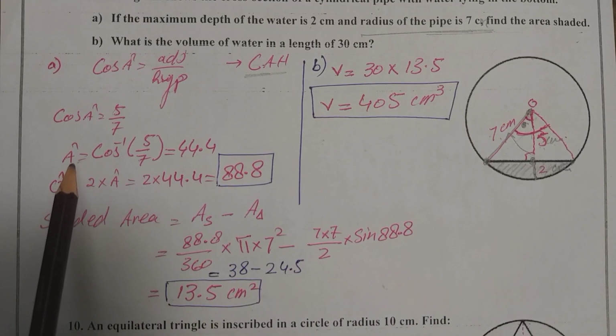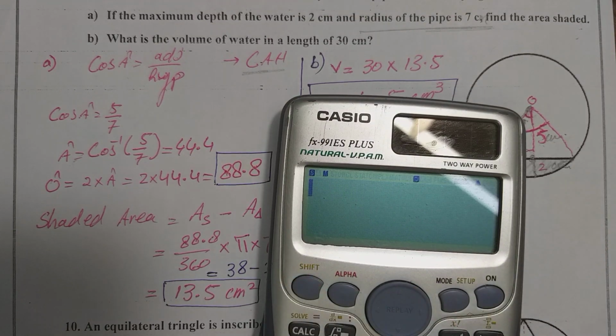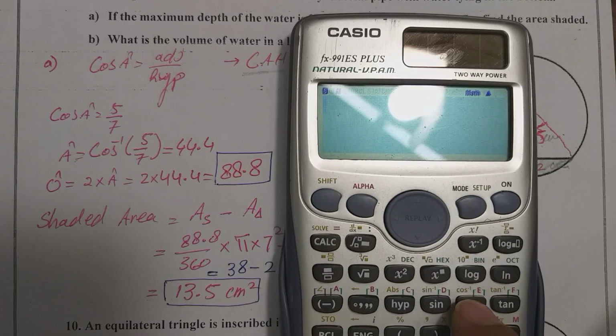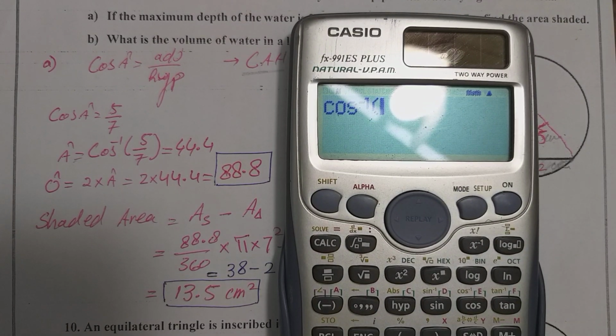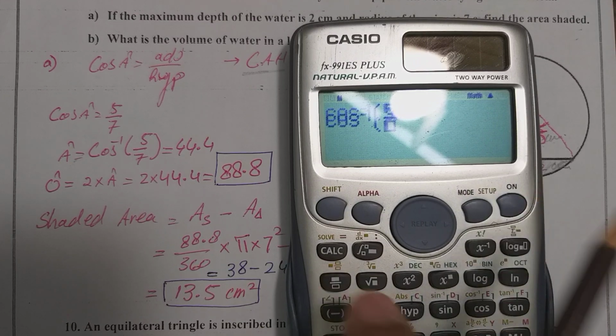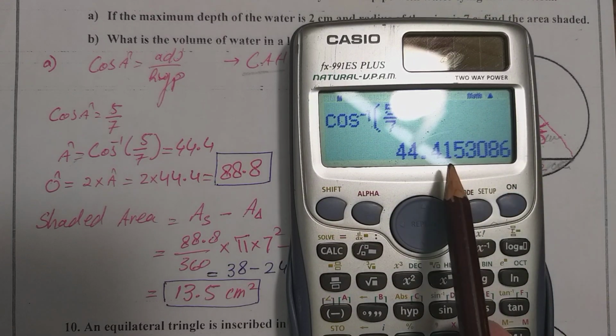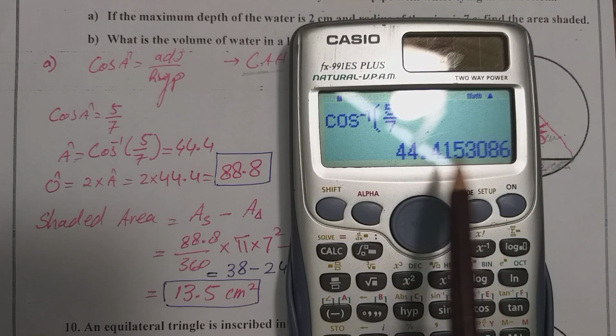Whenever you need to find the angle, just use shift and the required function. So here the required function is cos. Press this one, we got cos inverse of 5 over 7, 5 divided by 7. You find the answer 44.415, and so on, and I just took one decimal place, which is 44.4.